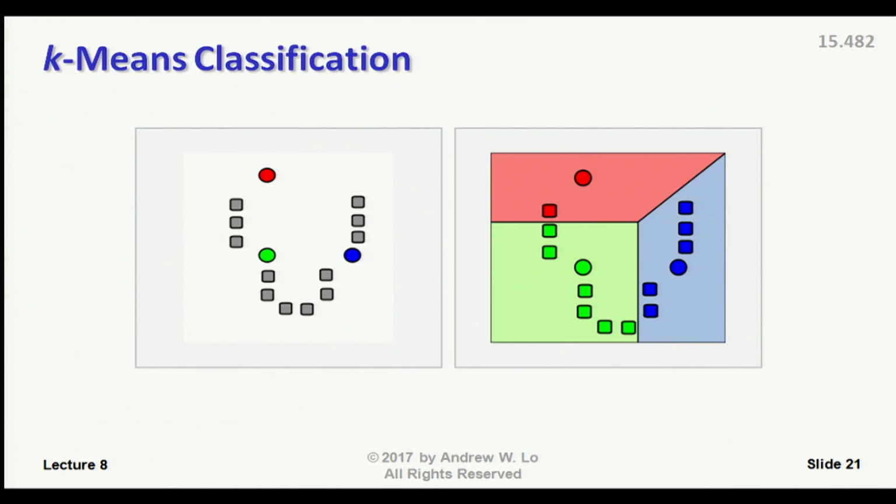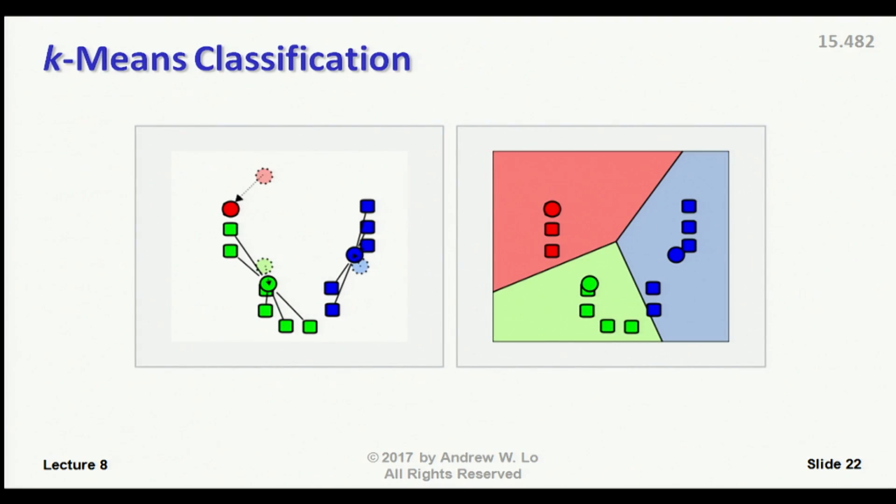And now I'm going to get a new red dot over here, similarly with the green and the blue. So now the dot moves. And this dot moves, and this dot moves. And once the dot moves, I'm going to redo the exercise and calculate the distances all over again and calculate new groupings. And then I get this.